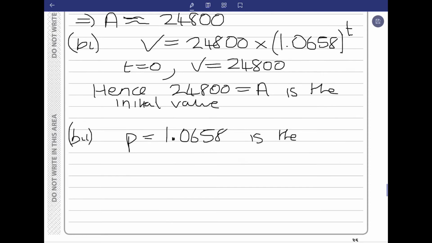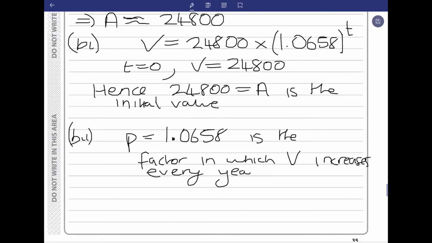Now there's a couple of different ways you can write this down, but I like, it's the factor by which V increases, and that's every year. So that's that.